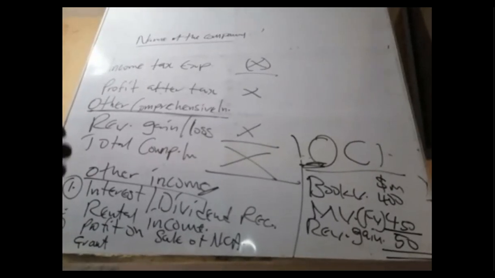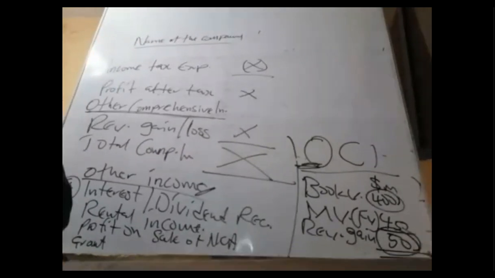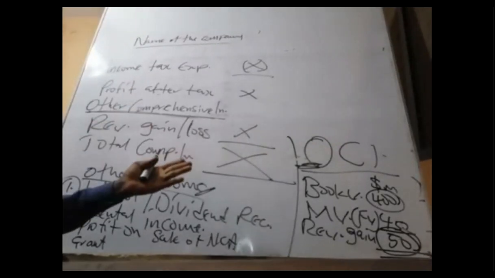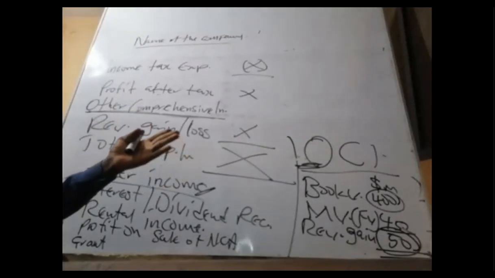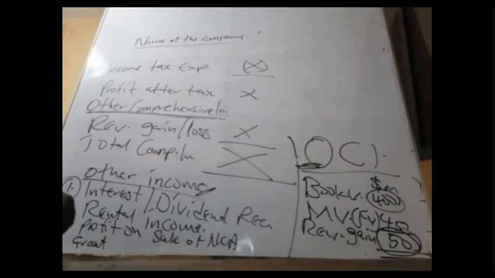If you have any question, can you ask before we move on? So that is the end of the format for the comprehensive income. I'll quickly scan through the remaining ones for you.